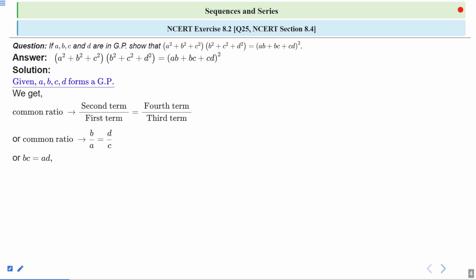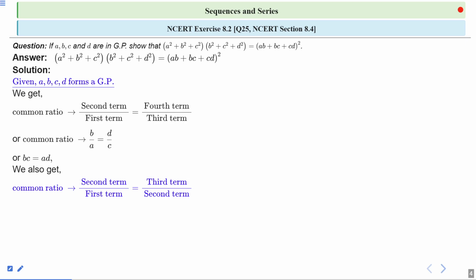From this equation you will get BC equal to AD. How do we get it? We cross multiply: B into C is equal to A into D. We also get another common ratio: second term divided by first term is equal to third term over second term.